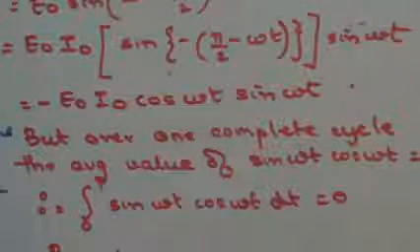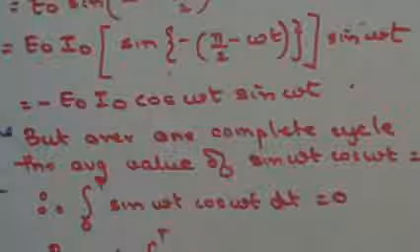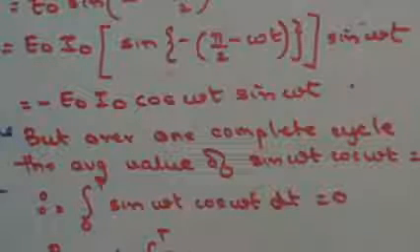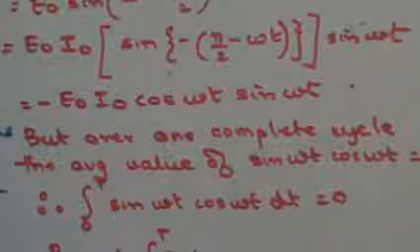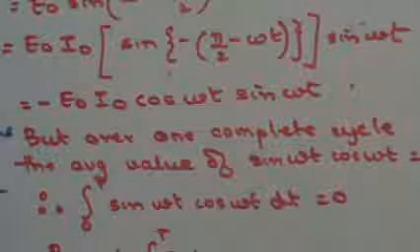Average power is 1 upon T integral of 0 to T P dt, which is 1 upon T integral of 0 to T minus E0 I0 sine omega t cos omega t dt.